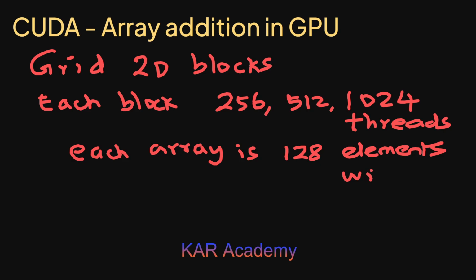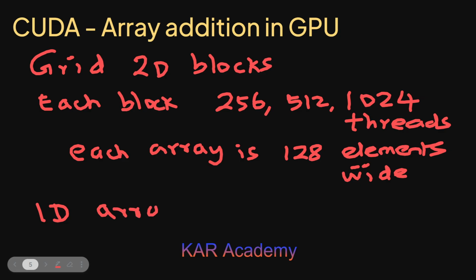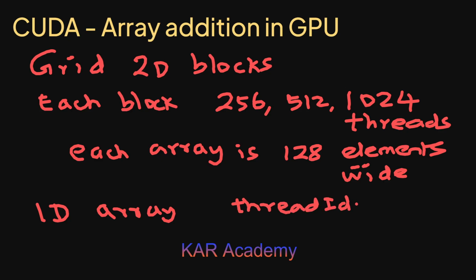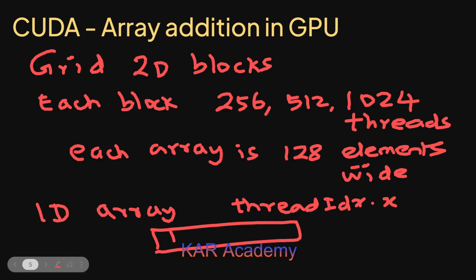Since this is a one-dimensional array, we can use just the threadIdx.x to differentiate the threads. We will be using threadIdx.x to address the different parts of the array.